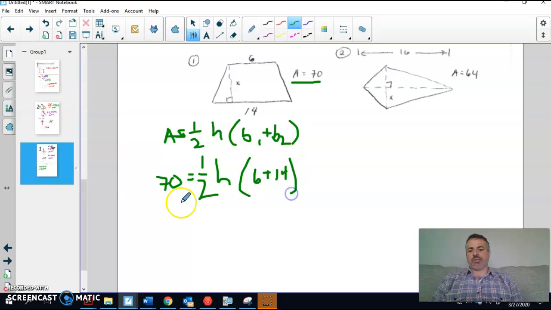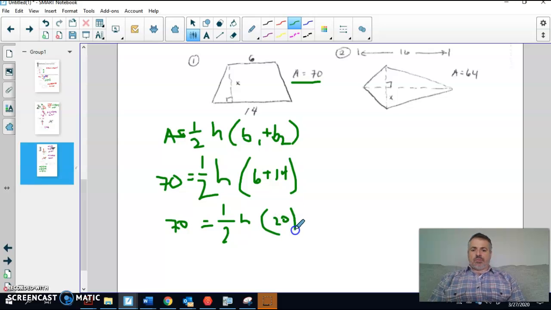So I'd add the 6 and the 14, and that's what, 20? Because they're in parentheses. So I'd have 70 is equal to 1/2 the height, which I don't know, times 20. Well, this 1/2 and this 20, I can multiply those.